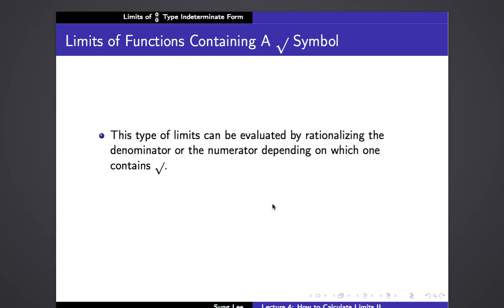The next type we want to talk about is the limits of functions containing a radical symbol, square root. This funny looking symbol is actually the square root. This is not a difficult type either. This type of limit can be evaluated by rationalizing the denominator or the numerator, depending on which one contains the radical symbol.